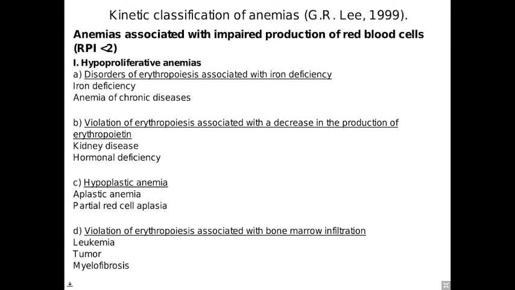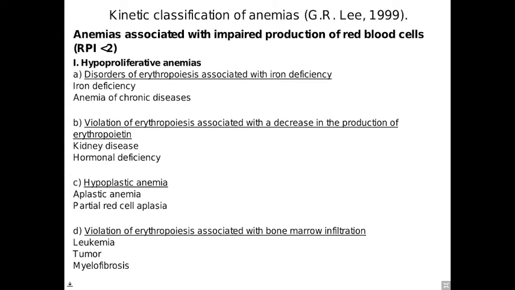Based on the kinetic classification of the anemias, we commonly subdivide them into 2 types. The first big type is anemia associated with impaired production of the red blood cells, RPI less than 2, including hypoproliferative anemias. Hypoproliferative means anemias associated with decreased proliferation of the red blood cell lineage in the bone marrow.